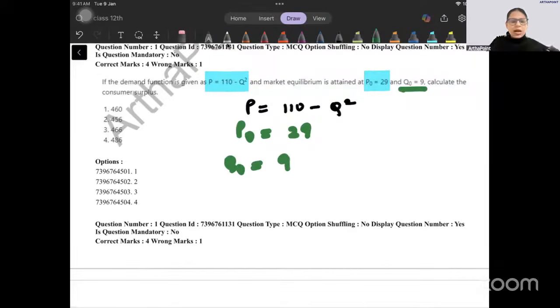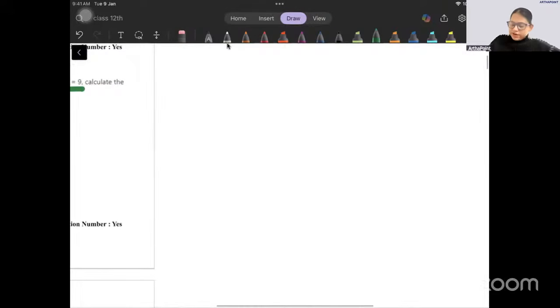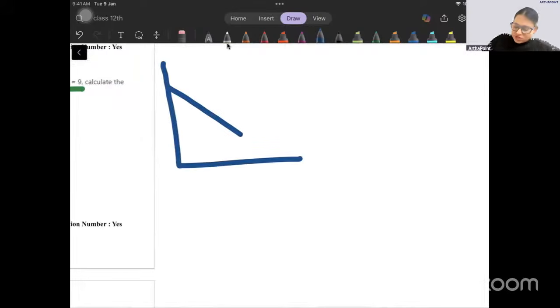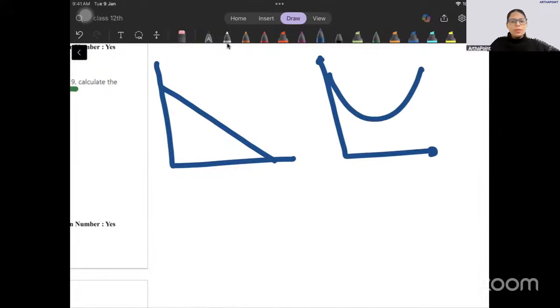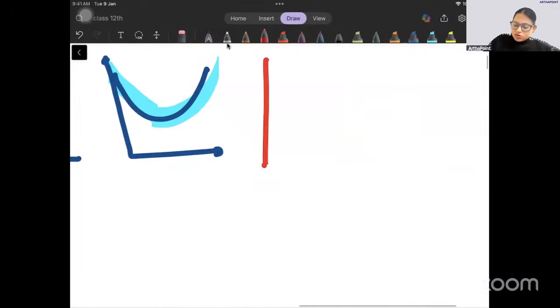Now, whether the demand function is linear or non-linear, it does not matter to us. Whether my demand function looks like this, or has a downward part and then an upward part, or looks like this.